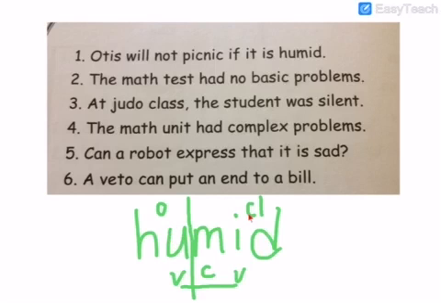And the second syllable is closed, so the I will have the short vowel sound. So let's read each syllable. Hue, mid, humid. Oh, okay. The word is humid. It means really hot and sticky outside. So right there, we've learned how to read this word, humid.